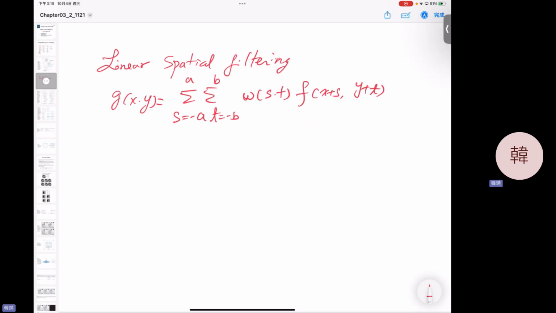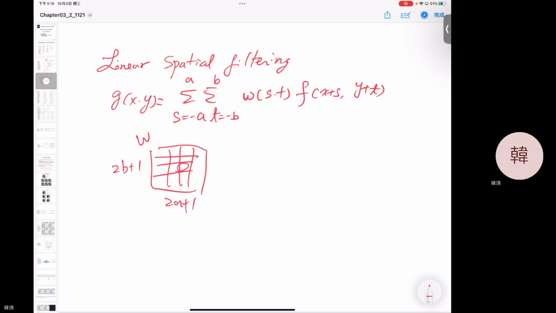So look at this formula. This f is your input image here, and w is your designed mask. If you look at this formula, you can see s and t are the dynamic parameters, from minus a to a, from minus b to b. Which means your mask has width 2a plus 1 and height 2b plus 1. So this is your mask.